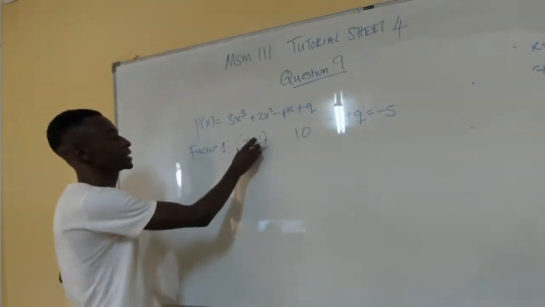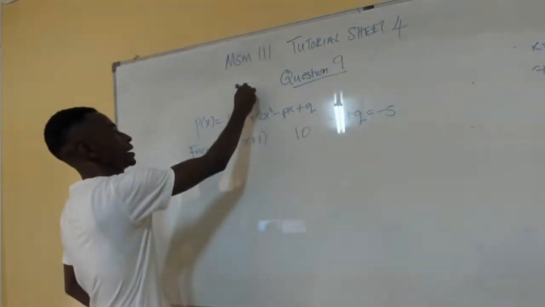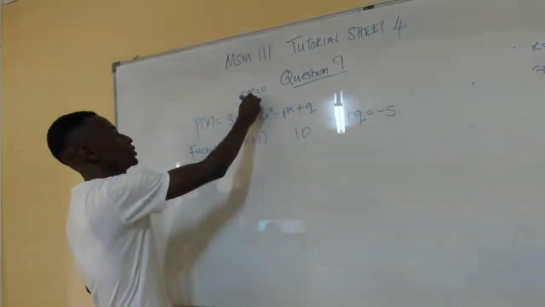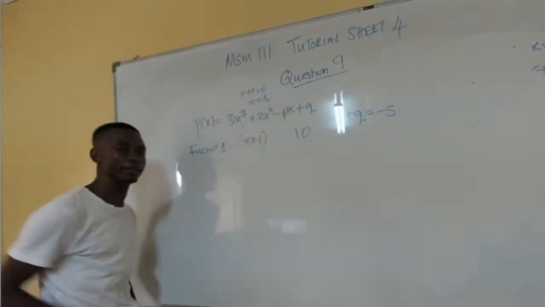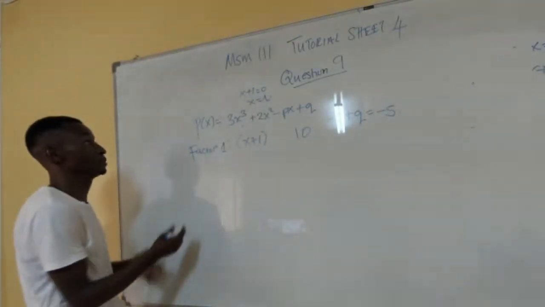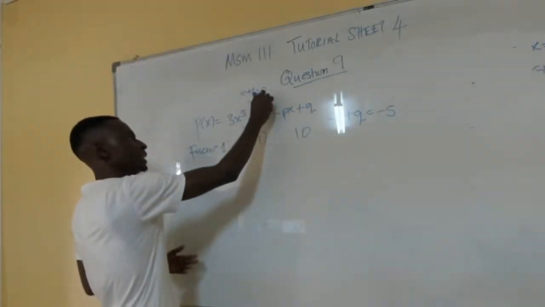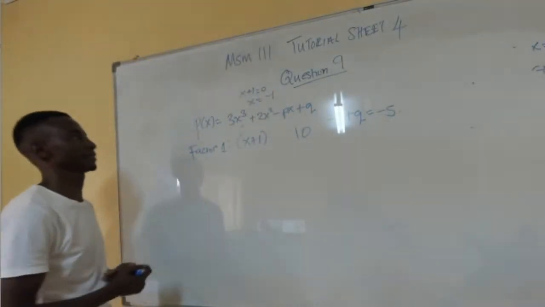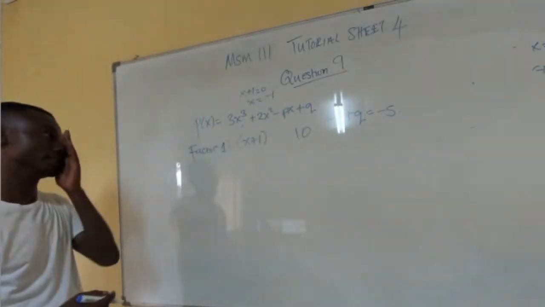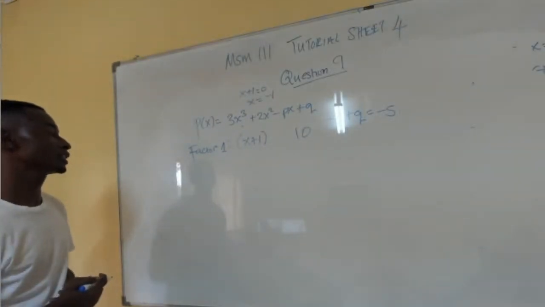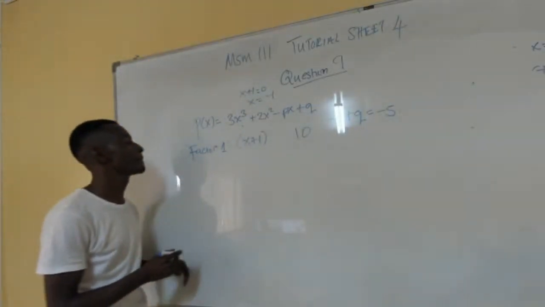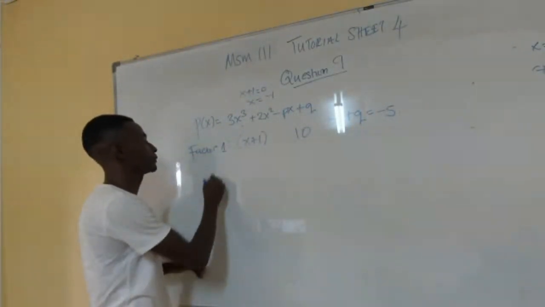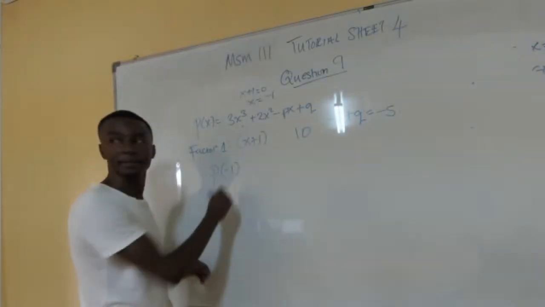If you equate x plus 1 to 0, meaning your x is equal to what? 1. No, not 1, negative 1. Yes, it is supposed to be negative 1. So it means we're solving for p of negative 1.